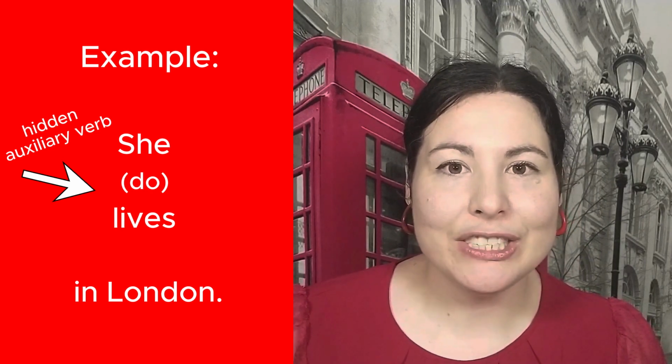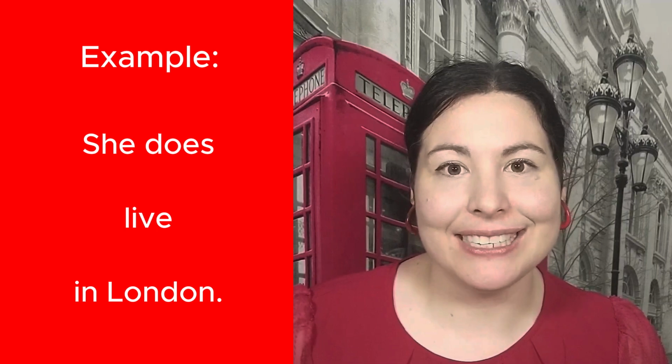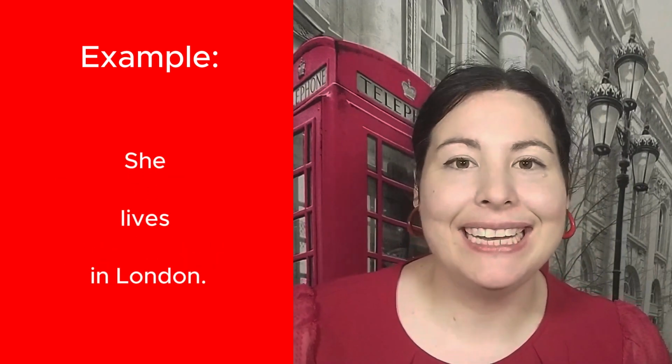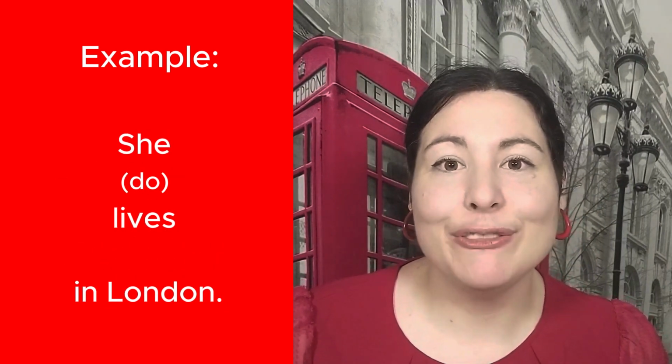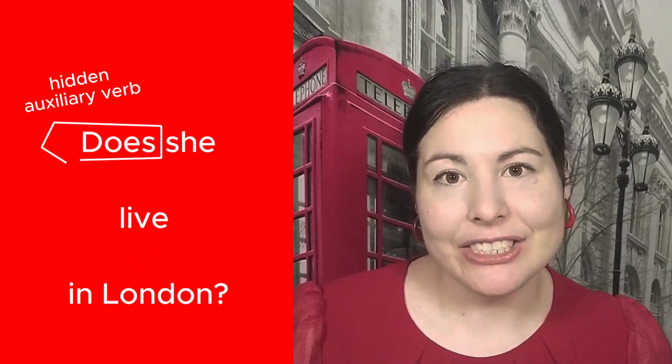So you really should think of it as she does live in London. That hidden does is why we don't just say she lives in London. Instead, we need to take out that hidden does and put it to the front of the verb, which now turns into does she live in London?